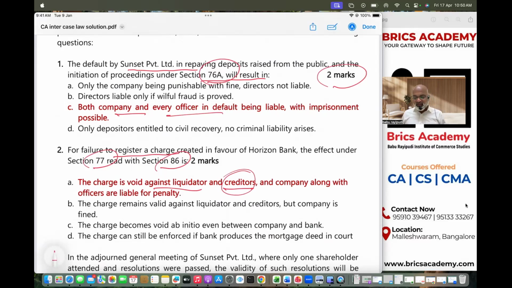But Section 86 clearly says that if the company failed to register, the charge created is void against the liquidator. The creditors also cannot touch the security, and the liquidator also cannot use that security to clear the debts. First, he will clear the debts of others whose charges are registered, along with officers liable for penalty.